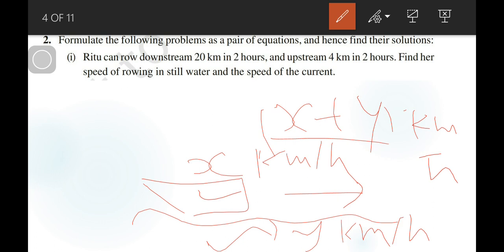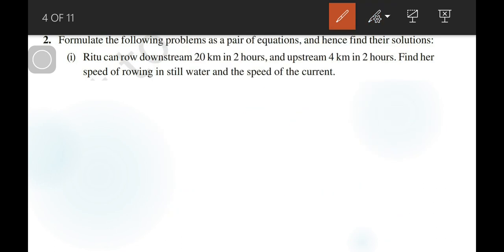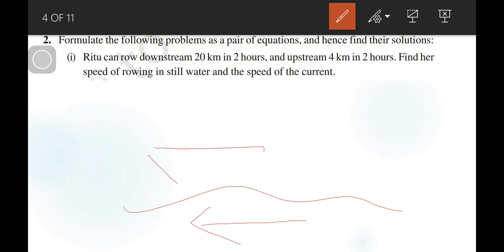Hence it is the speed when Ritu can row with the flow. And also about upstream, here the boat rows in the opposite direction of the stream.